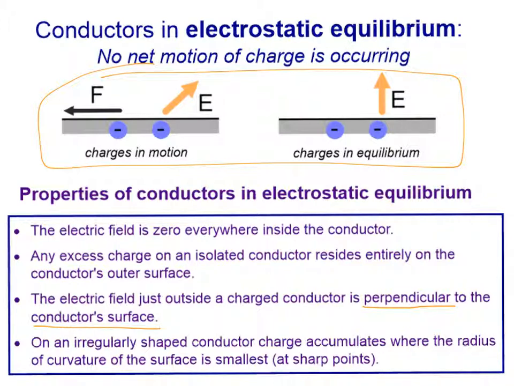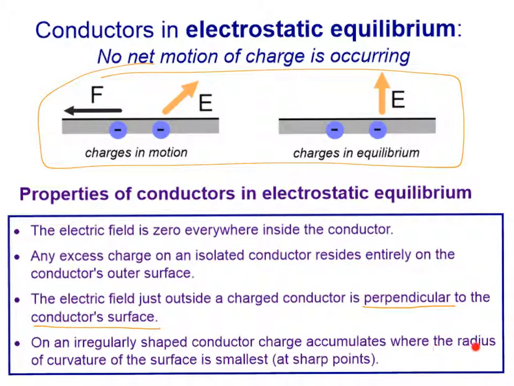And there is a component of this electric field that is going to be along the surface, and that's going to cause charges to move because of that component. However, in this case, you can see that E, the electric field strength, is perpendicular to the surface and charges are not moving. They are in equilibrium.